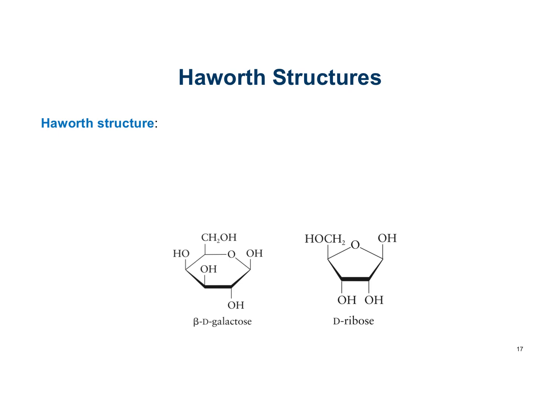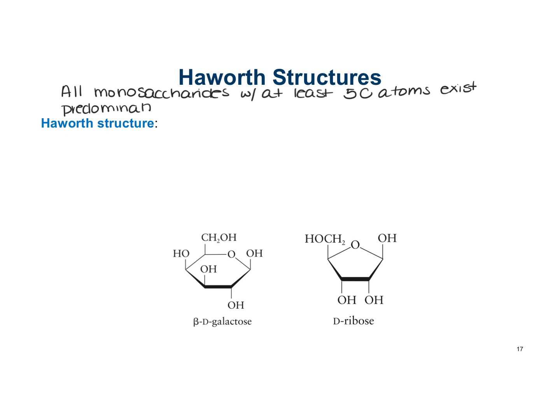And so what we know is that all monosaccharides with at least 5 carbon atoms exist predominantly as cyclic hemiketals and hemiacetals.